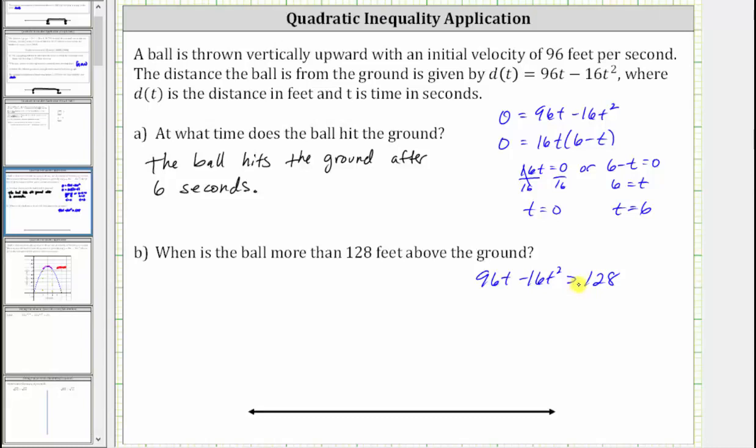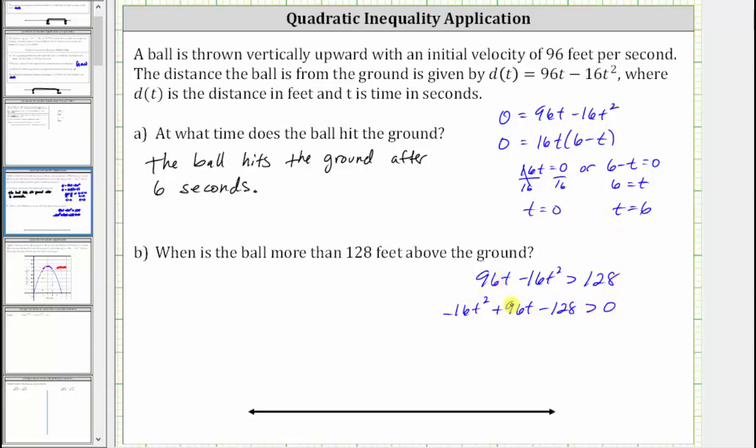Let's first set this equal to 0 by subtracting 128 on both sides, and also write the terms in descending order. Let's write this as negative 16t squared plus 96t. Then if we subtract 128 on both sides, we have minus 128 greater than 0.